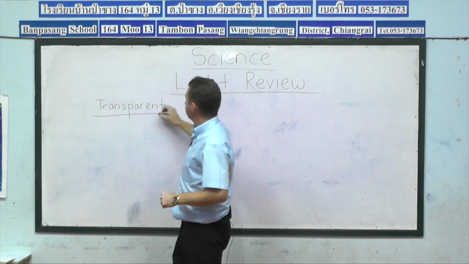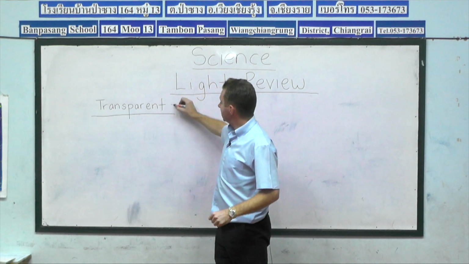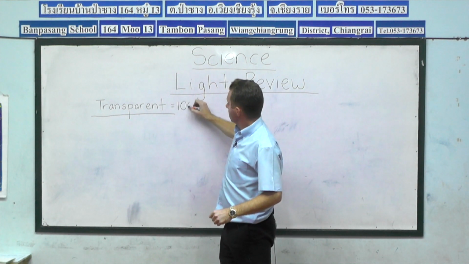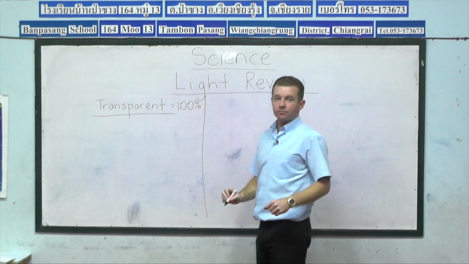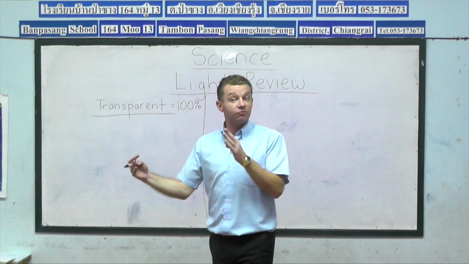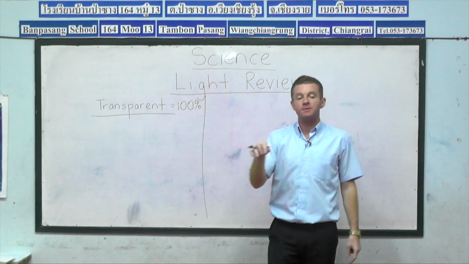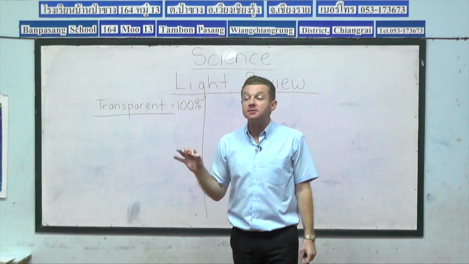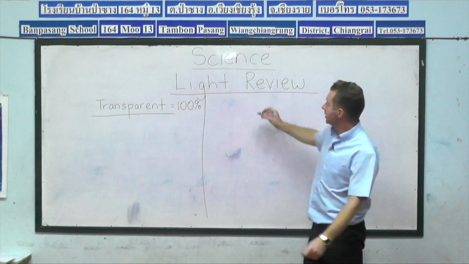T-R-A-N-S-P-A-R-E-N-T. Transparent. Now, transparent allows light to pass through 100%, okay? But what about the objects that let some light pass through, but not 100%, maybe 50%? Translucent, excellent, Preo, well done.